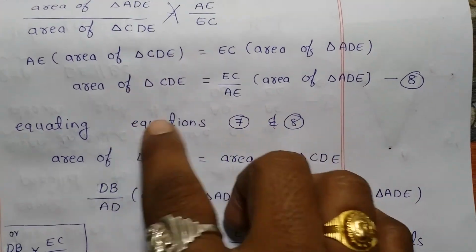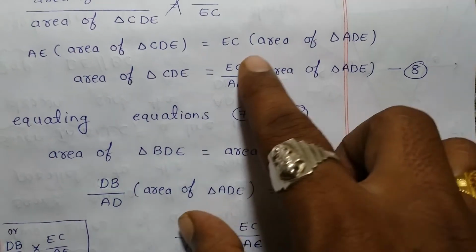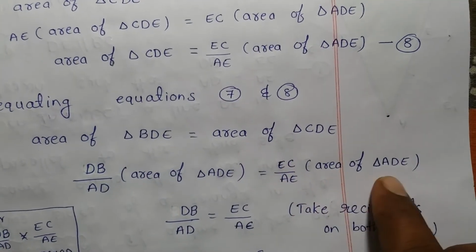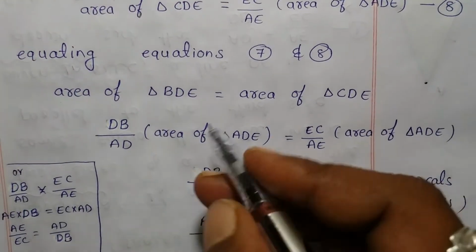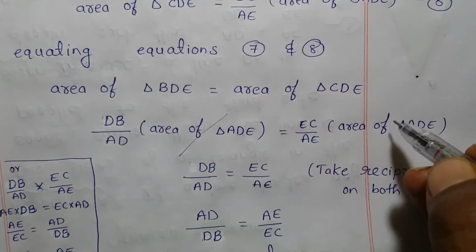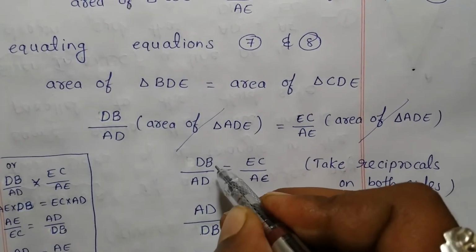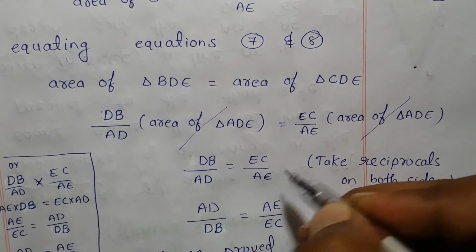Area of a triangle CDE is nothing but EC by AE into area of a triangle ADE. Both sides, area of a triangle ADE is going to cancel. Remaining is DB by AD is equal to EC by AE.